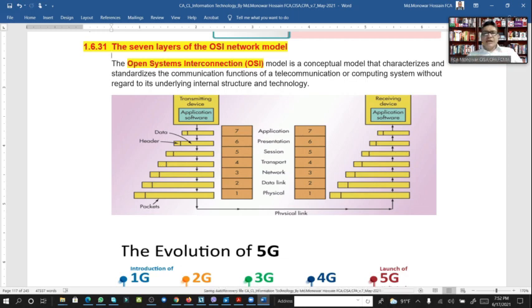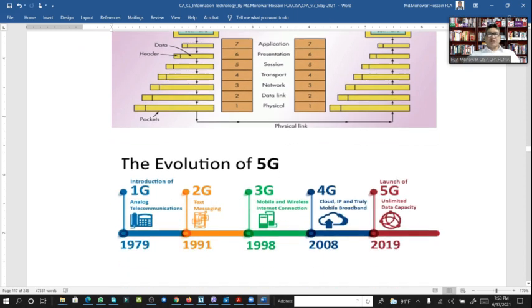So here, look at the 7 layers. First layer, physical. Second layer, data link. Third layer, network. Fourth, transport. Fifth, session. Sixth, presentation. Seventh, application. So this is the 7-layer Open System Interconnection model of networking.